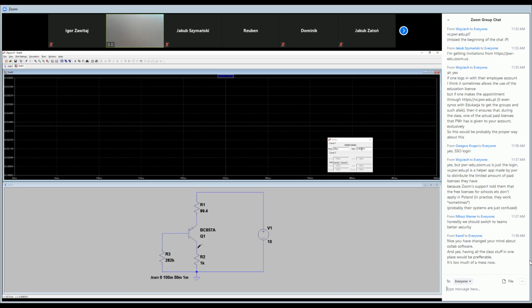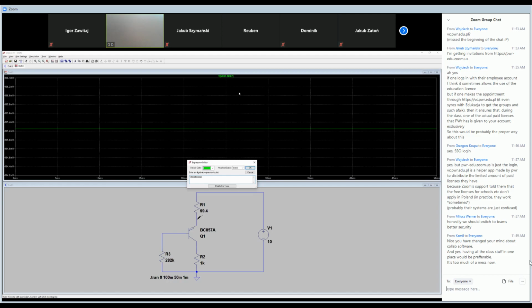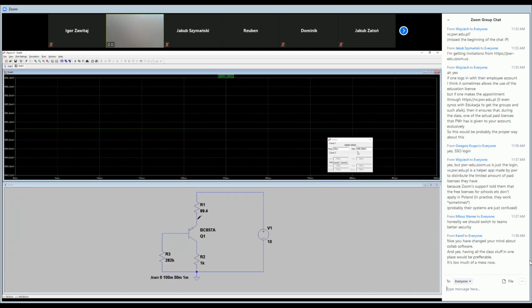We chose 4.5. Oh, it is around it. Great. And the voltage drop on the emitter resistor is almost half a volt. Great. So as you see, it is nice. It works.